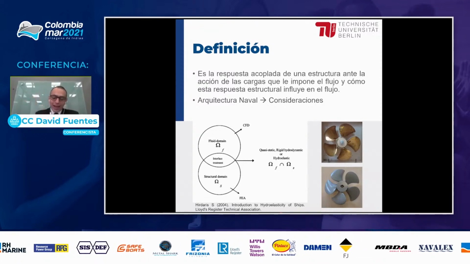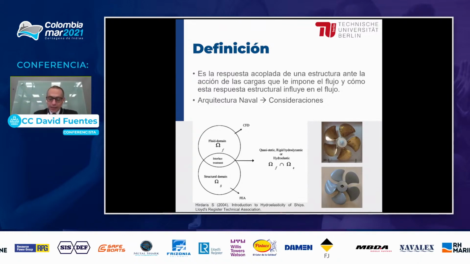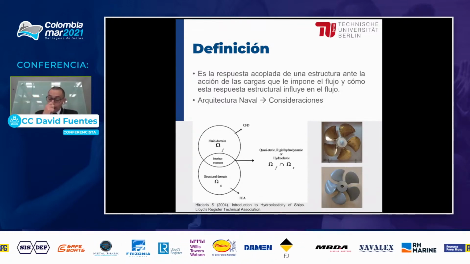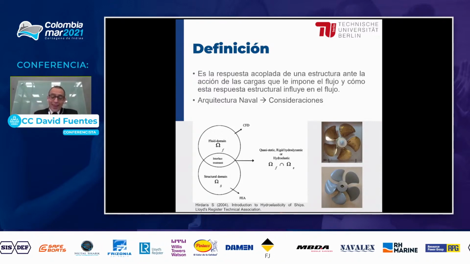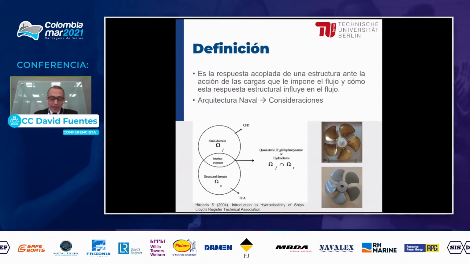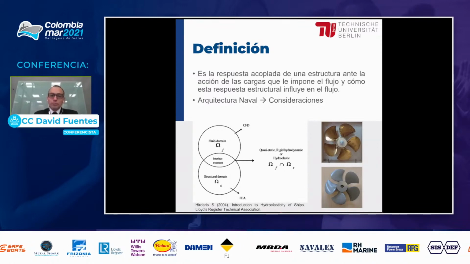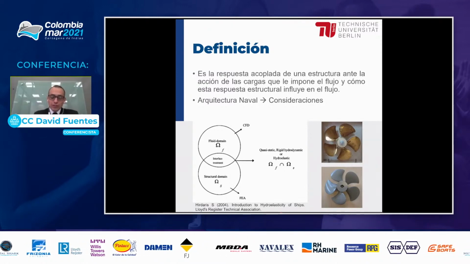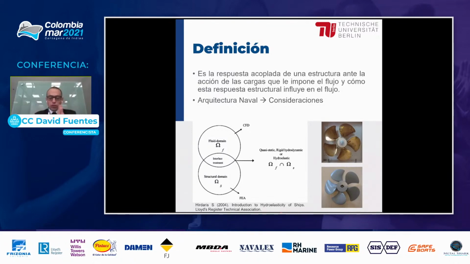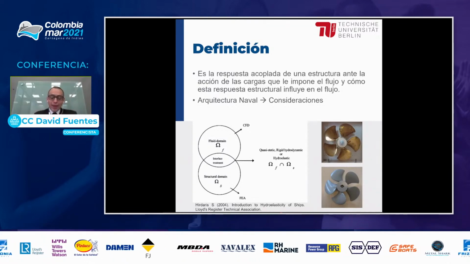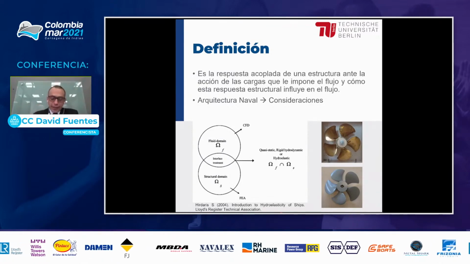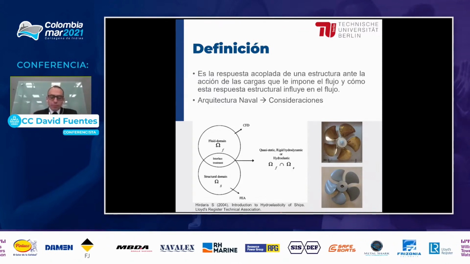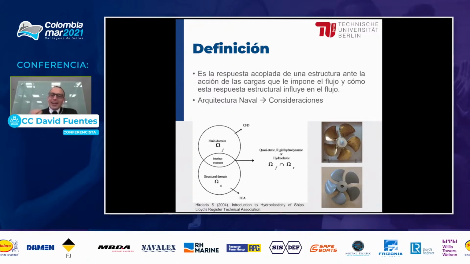This has to do with vibrations, interactions when facing a load that can be hydrodynamic, thermal, or aerodynamic, and how the structural response affects the fluid. The fluid causes the deformation of the structure, and this affects the flow. And this interaction can be mechanical or thermal.